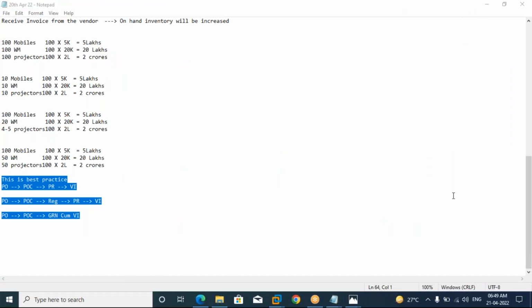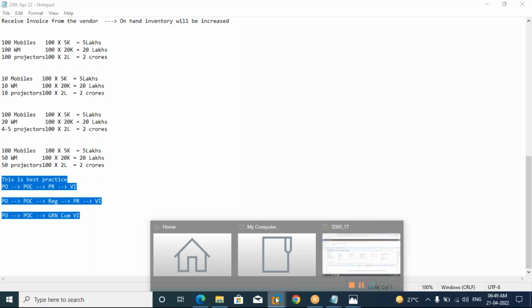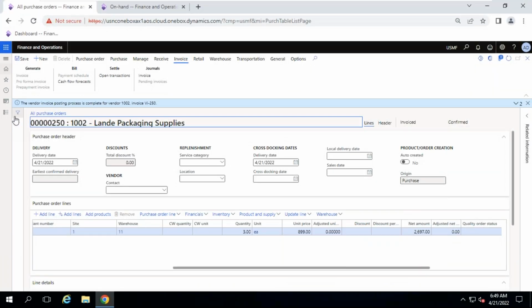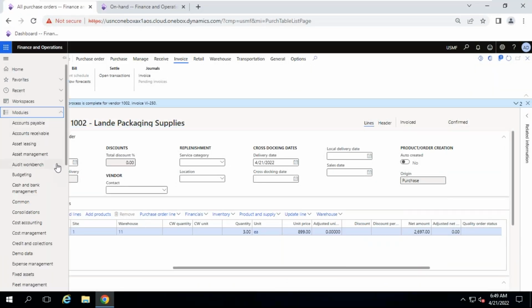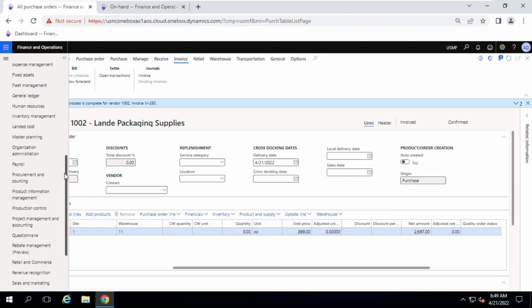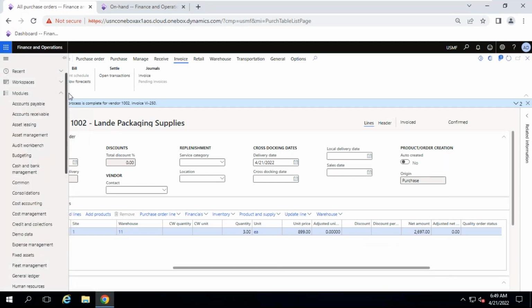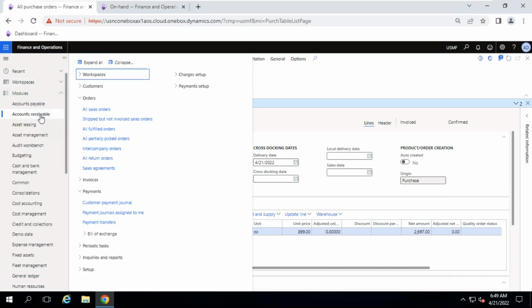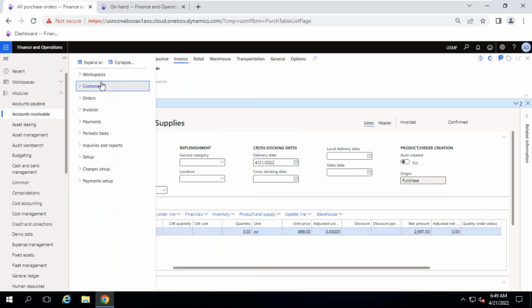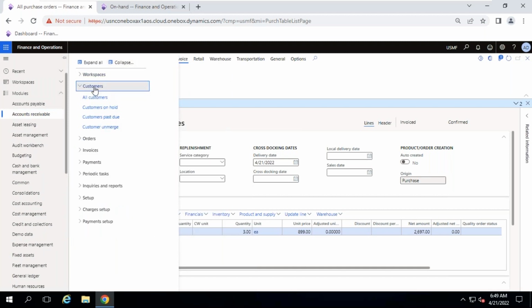Fine. So Nirmala is asking, can you show the paths for customer and vendor item setups? Item setups I have shown, but once again, let me show you. For customer or vendor, take the example of customer, you can find it in the accounts receivable module, customers, all customers. This is for finance.